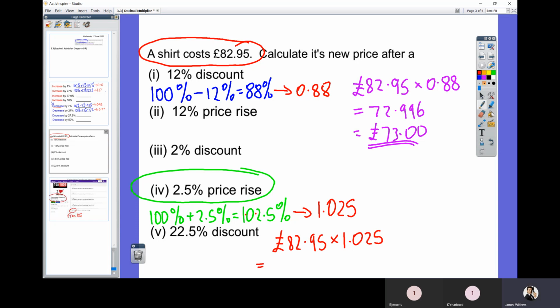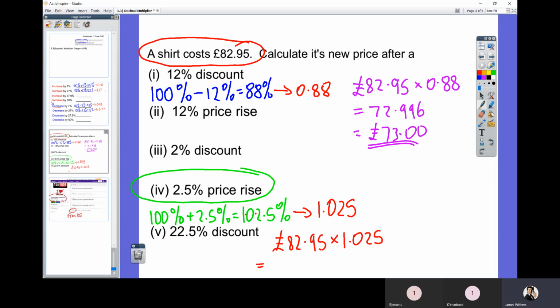Get your calculator. 82.95 times 1.025, and we get 85. So let's just concentrate on the rounding here. Sorry, I've missed a 2 there. Let's start that again, otherwise I'm going to get us in a muddle.